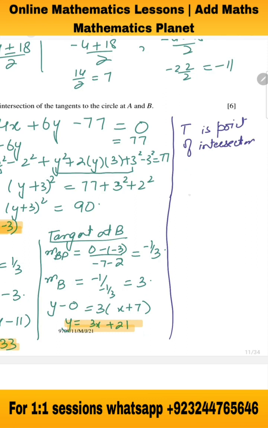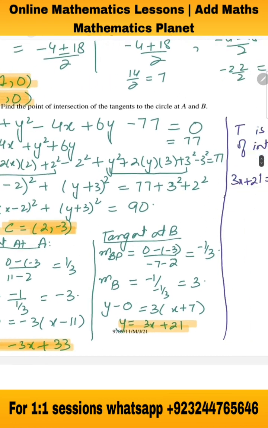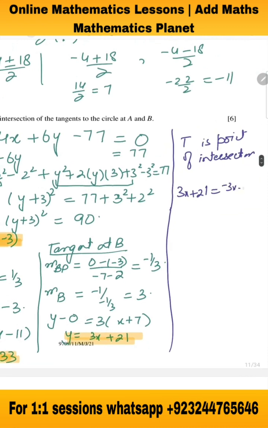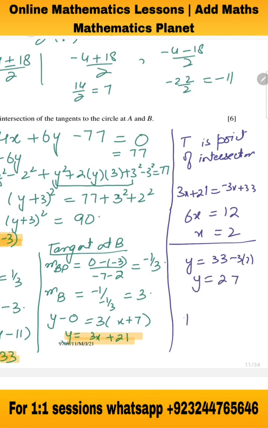So it will be 3x plus 21, which is equal to minus 3x plus 33. Point of intersection is 227.